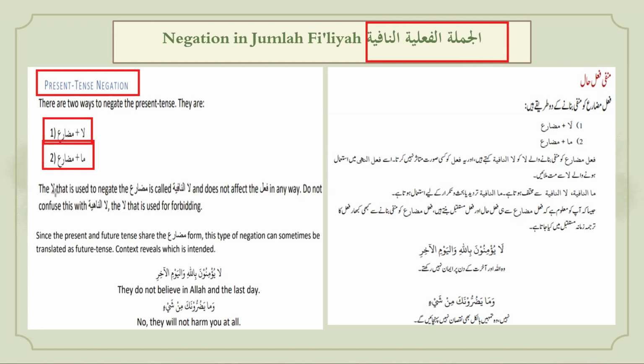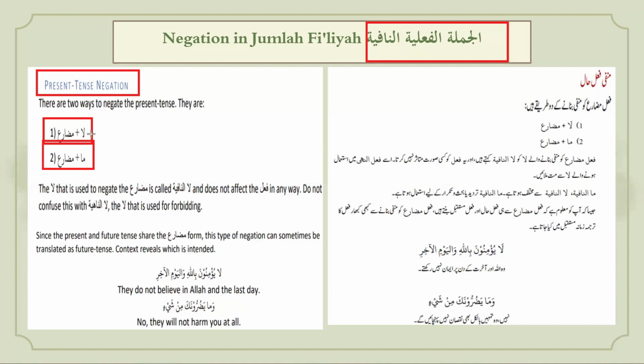The la that is used to negate the mudare is called la nafiya and does not affect the fi'l in any way. Do not confuse it with la nahiya, because la nahiya makes the fi'l mudare lightest, and that is used for forbidding, not for negation.